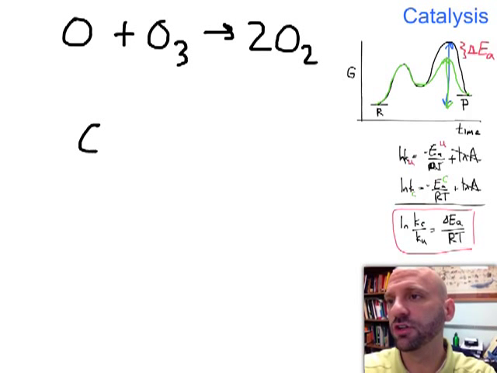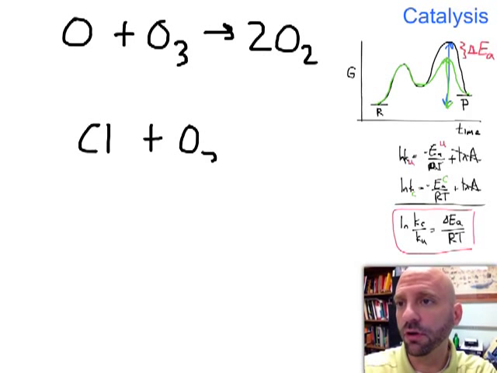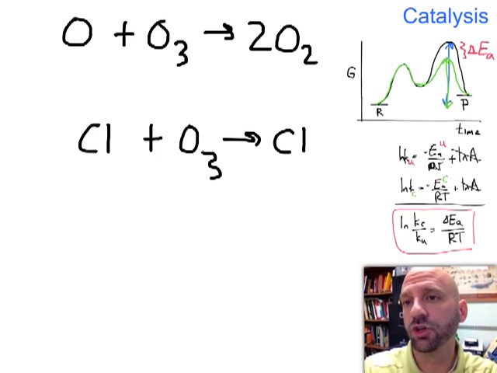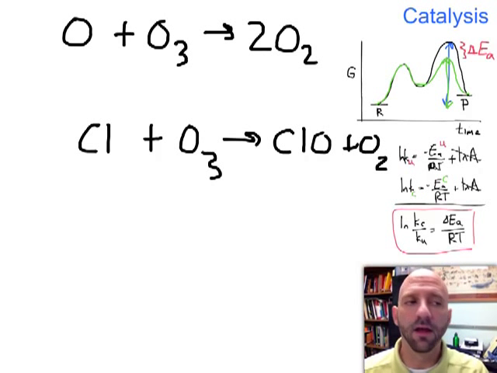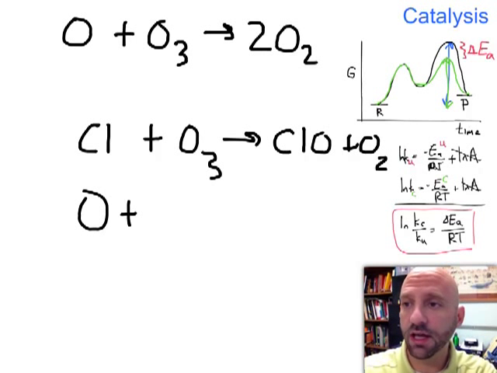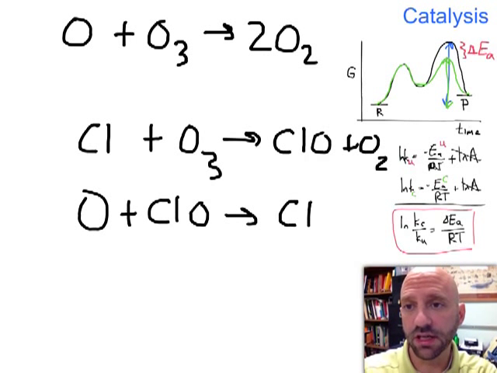It involves atomic chlorine reacting with the ozone to give us ClO plus O2. And then what happens in a second step is we get the atomic oxygen to react with that ClO to produce Cl plus O2.